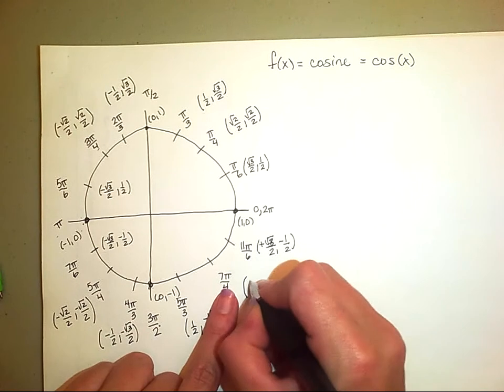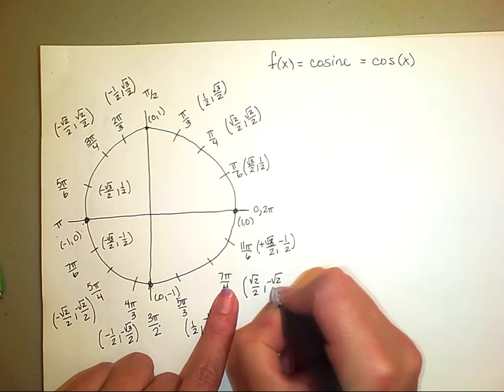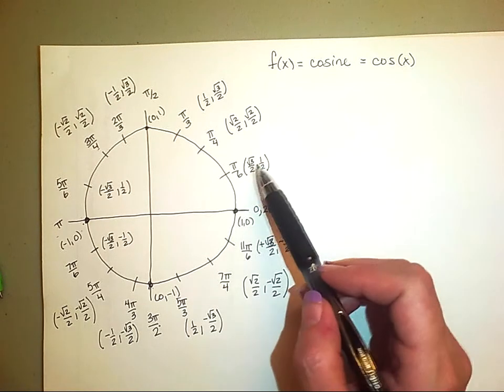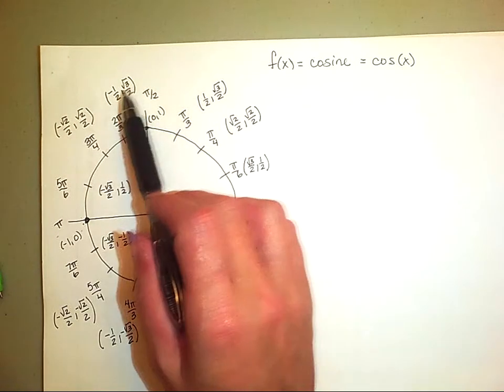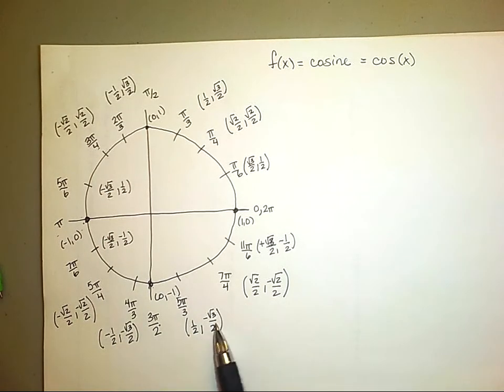And in the fourth, the x is positive and the y is negative. Let's make sure I have everything: positive, positive, positive, negative, negative, negative, both negatives. Okay, good.